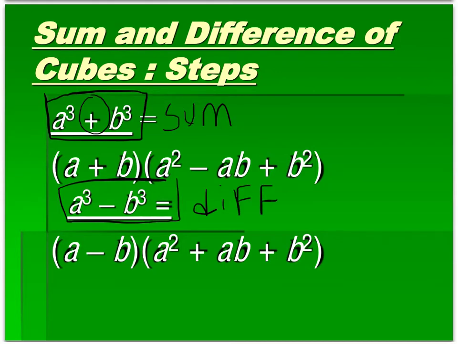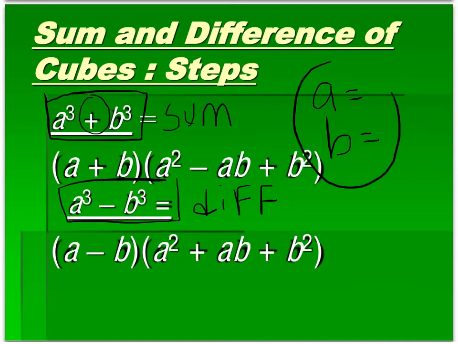Now, the formulas themselves look a little confusing, but what's essential is that each time we factor the sum or difference of two cubes, we need to make sure we identify what the a value is and what the b value is every single time.